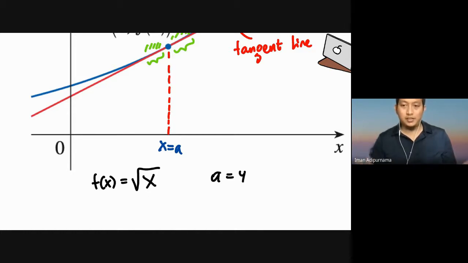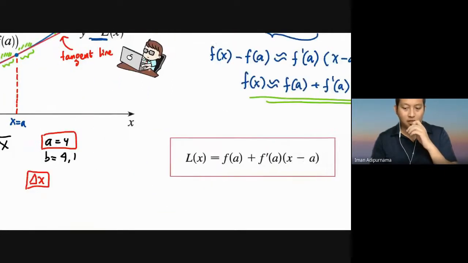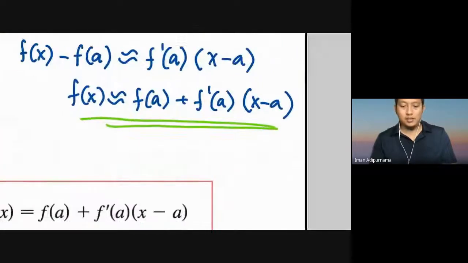It's easy to evaluate, right? But when you have b, maybe 4.1, we can have some approximations, because we know a equals 4, and we can have some delta x that we can apply to our equation here.